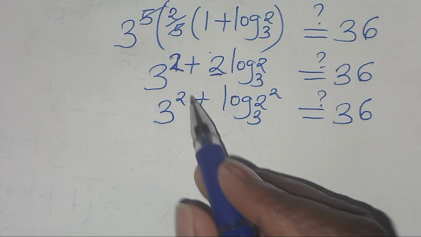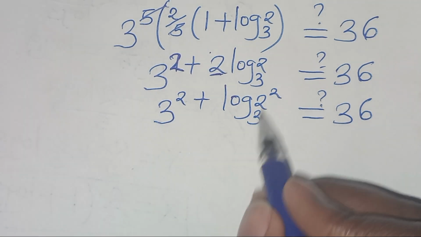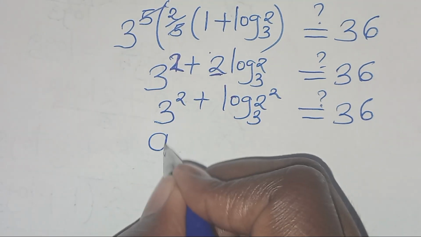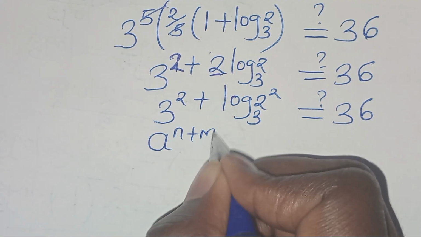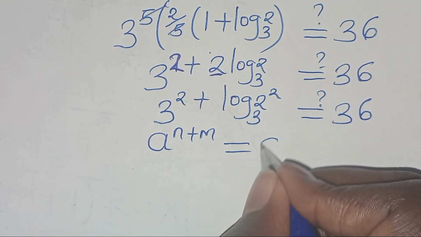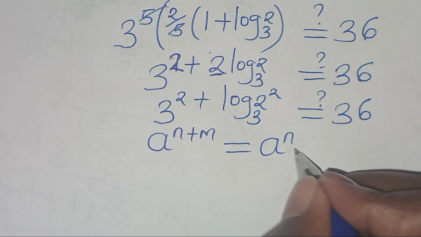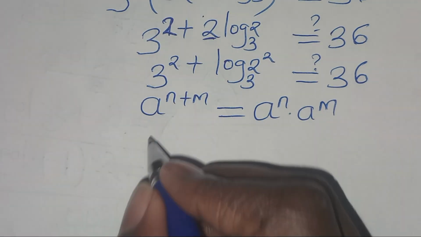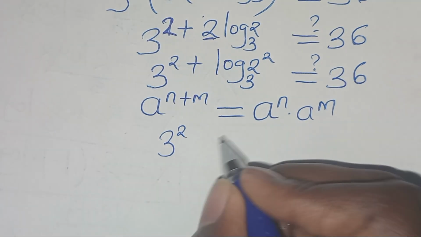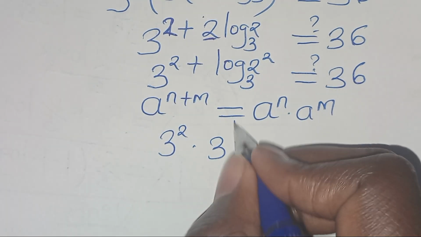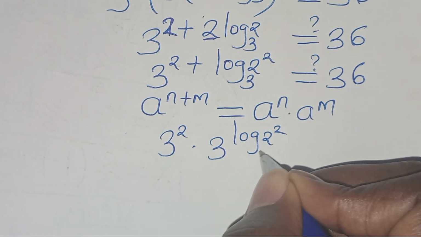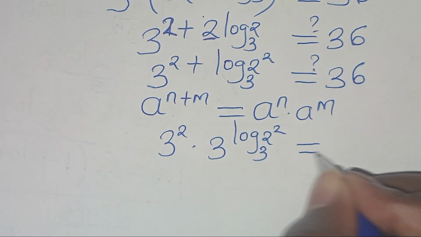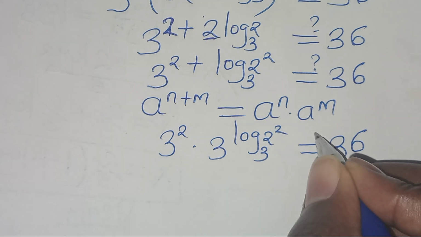Now 3 to the power of 2 plus log 2 to the power 2 to base 3 is in the form of a to the power of n plus m, which you can express as a to the power of n times a to the power of m. Therefore, here we have 3 to the power of 2 times 3 to the power of log 2 to the power 2 to base 3. This is supposed to give us a value of 36.